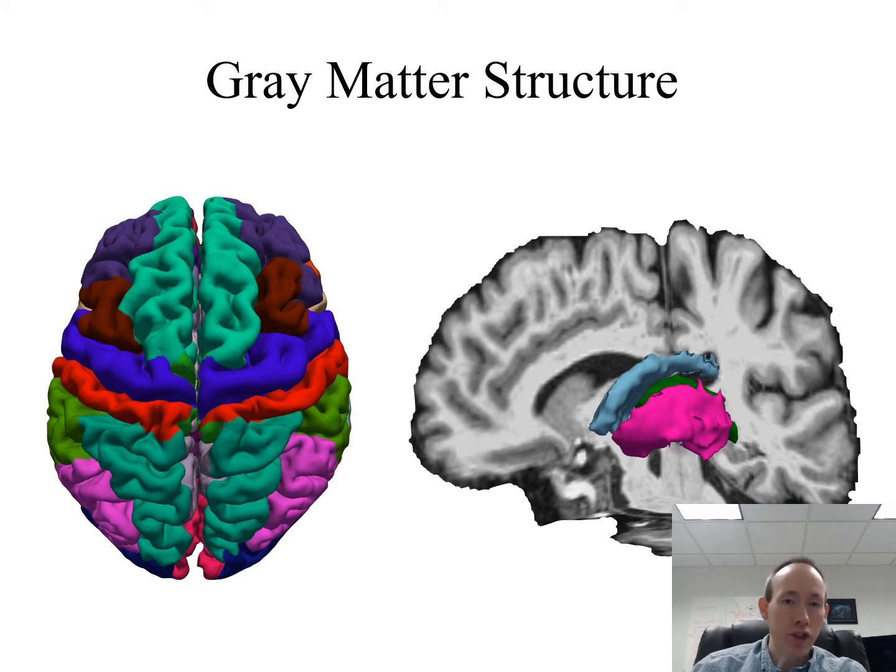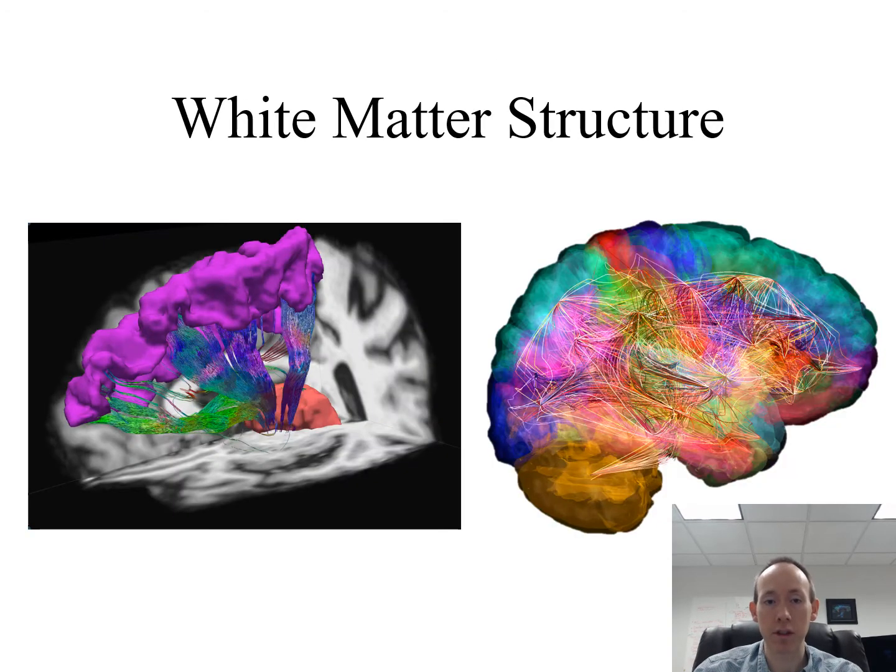So we have gray matter structure that we can analyze, and these were created using tools we'll use this semester. We have white matter structure we can analyze, and we can look at strength of connections between regions of interest, such as part of the frontal lobe over here and the thalamus, or we can look at overall networks in the brain.